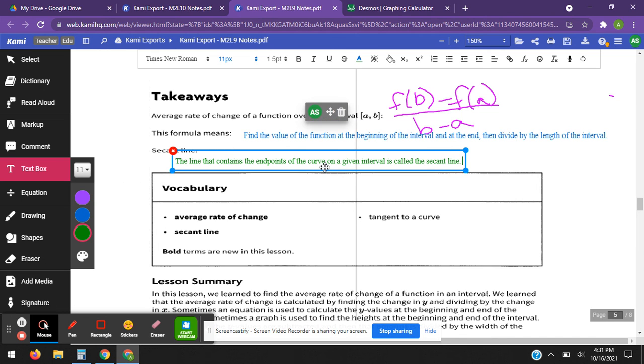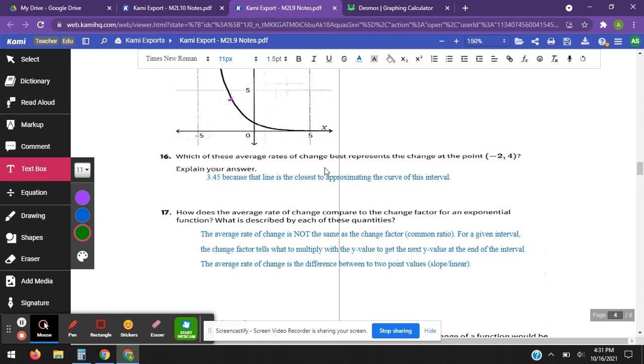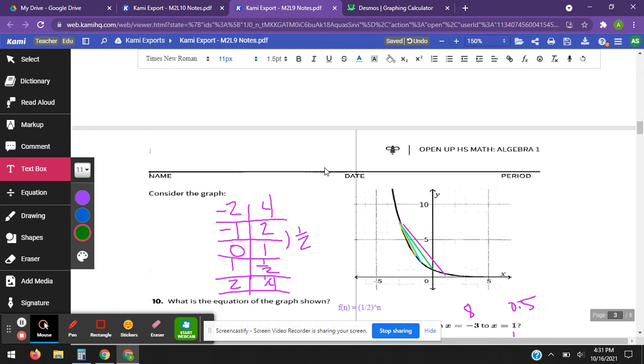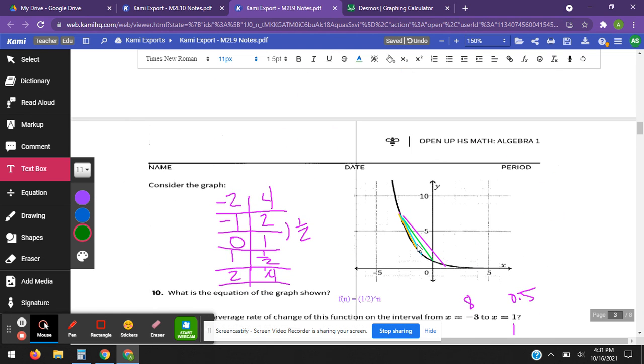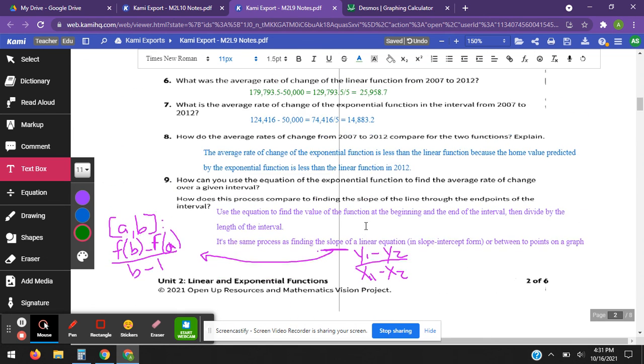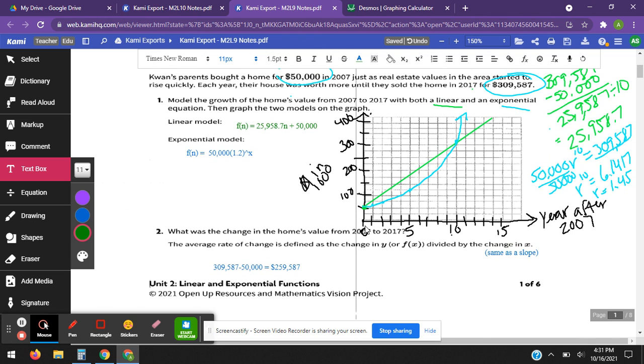So what we drew up here is we drew multiple secant lines, 1, 2, 3, 4 different secant lines between those points. Our linear function here was a secant line.